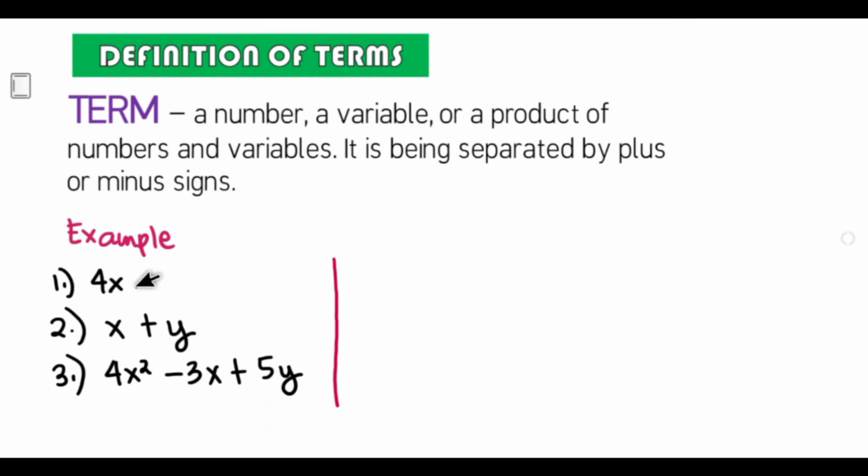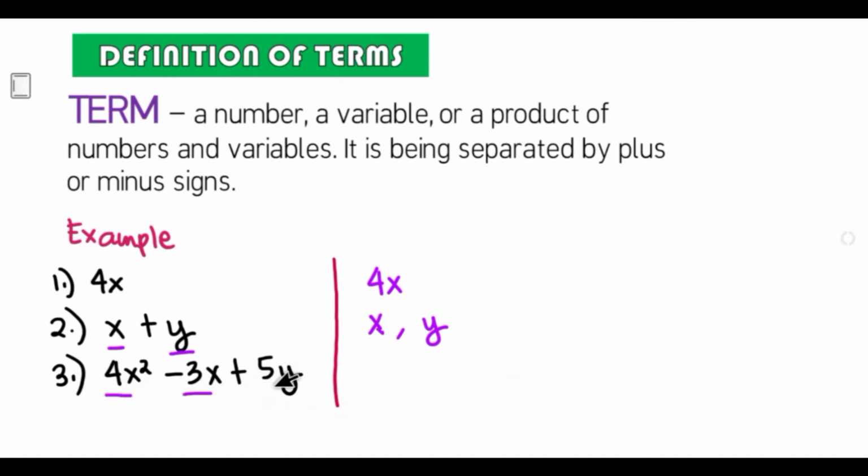So here we have examples of 3 algebraic expressions. So, yung mga terms dyan. So, we have here, yan, 4x lang po. Nag-iisa lang po yung term since wala naman pong plus or minus signs. So, dito naman po, since meron tayong plus sign and sineparate niya tong dalawa, yan po yung dalawang term natin: x at saka y. And then here, meron tayong tatlong terms kasi may pinaghiwalay or gumamit ng minus sign at plus sign.